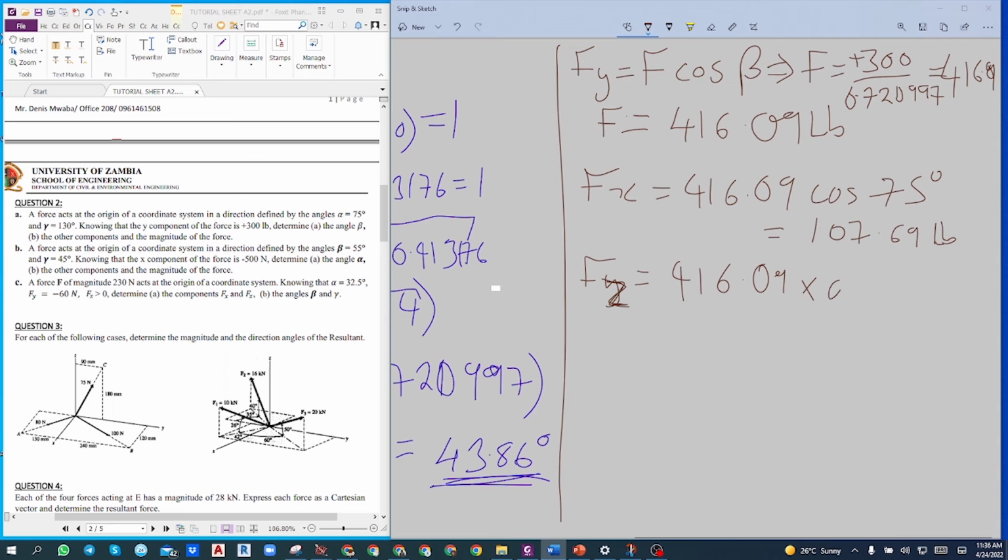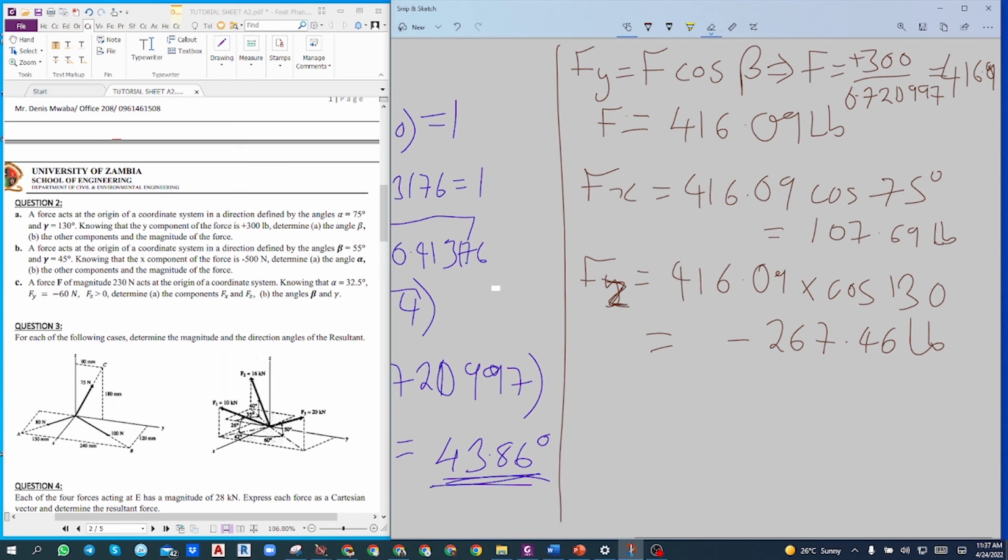This is 416.09 times cos 130, and this will be minus 267.446 pounds. So we found the other components and the magnitude of the force. So we found everything now.